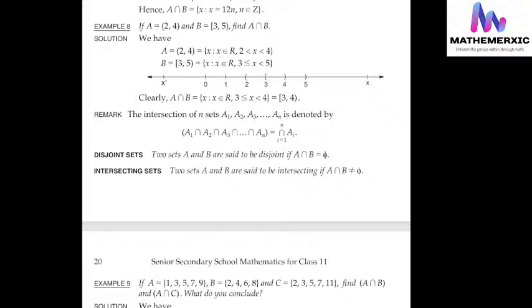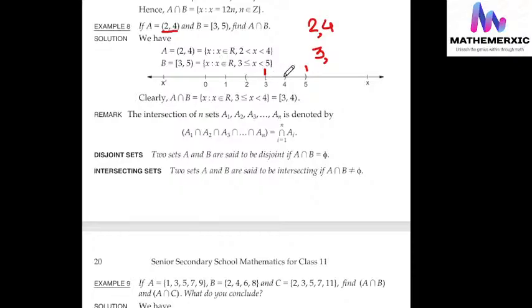So this case needs to be analyzed properly. If A is having two elements, 2 comma 4, and B is having, obviously here we have a closed bracket from the elements, 2 comma 4. Here we have 3, and from this side to this side.